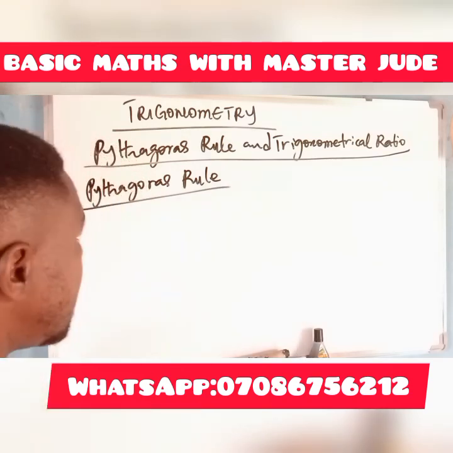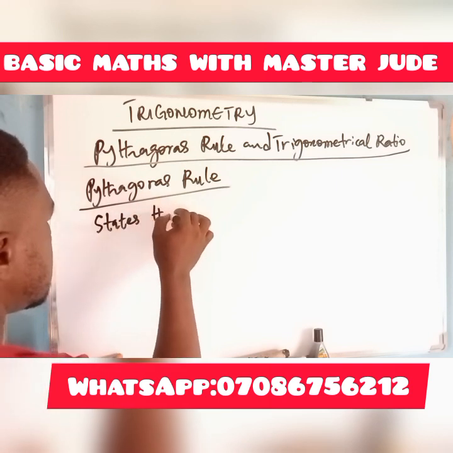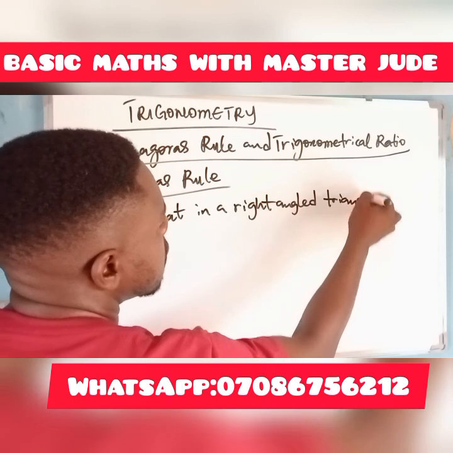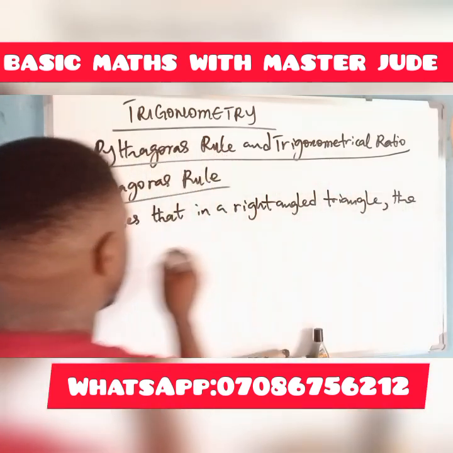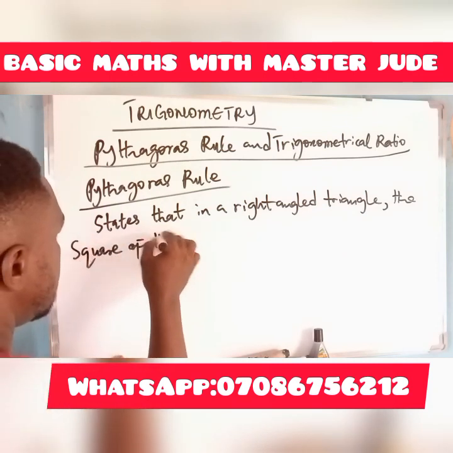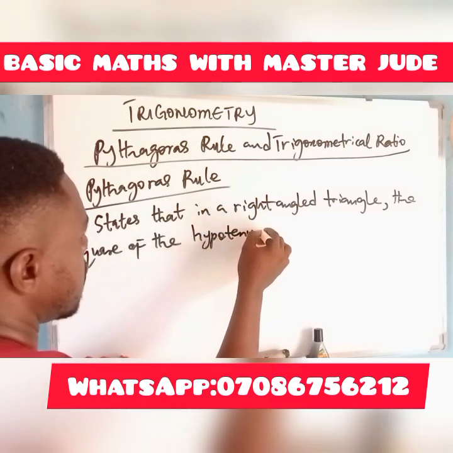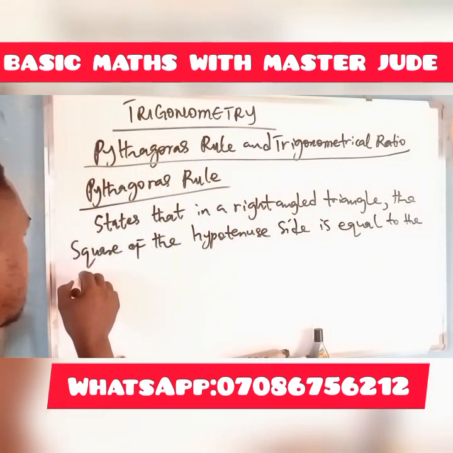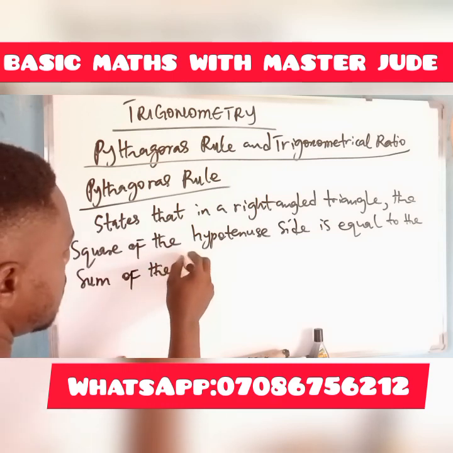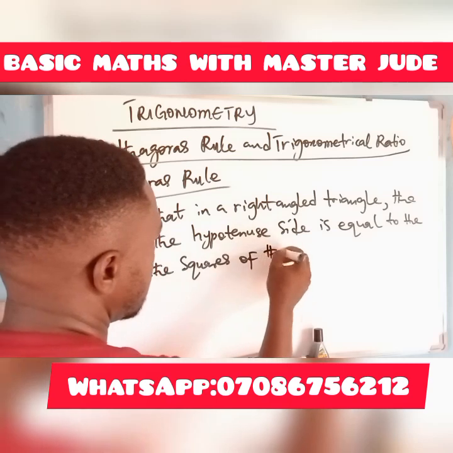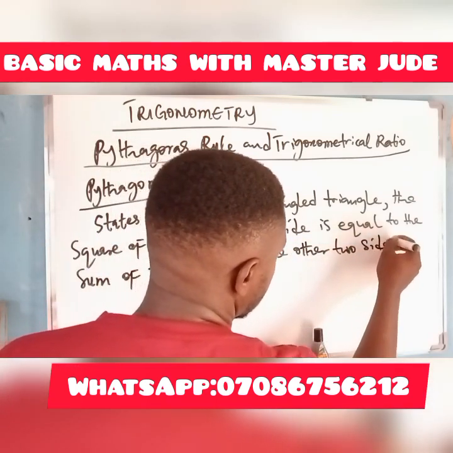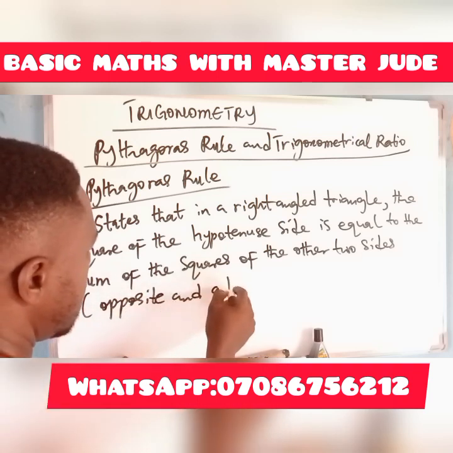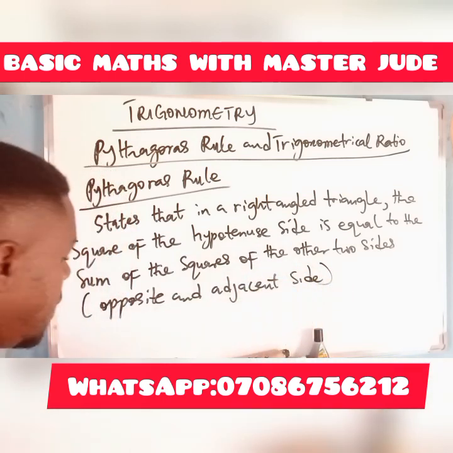Now the Pythagoras rule states that in a right angled triangle, the square of the hypotenuse side is equal to the sum of the squares of the other two sides, and the other two sides are the opposite and adjacent side. Now this is known as the Pythagoras rule.